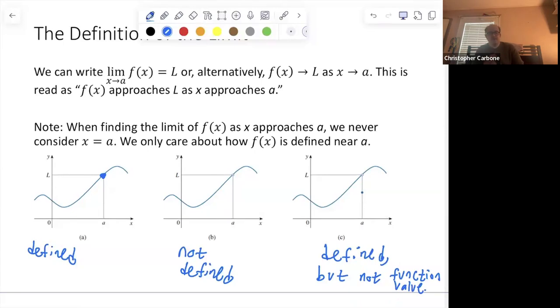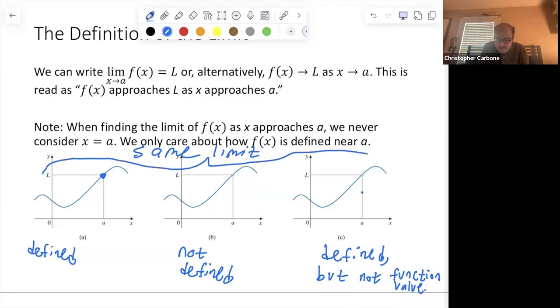But no matter which one of these we're actually considering, A, B, or C, all three of these graphs have the same limit, which is why they're here. They have the exact same limit, which is that original point, that dark blue point that I drew on graph A. All three of them have that same limit point.